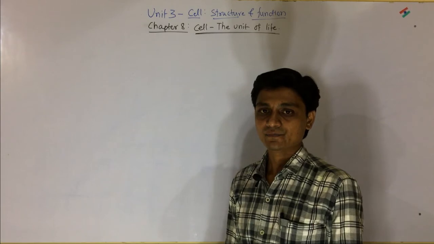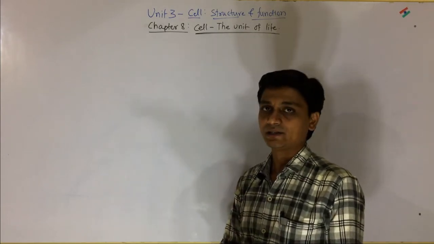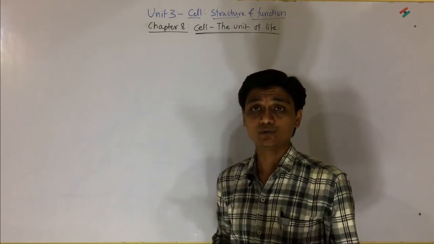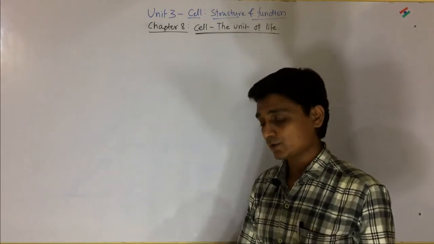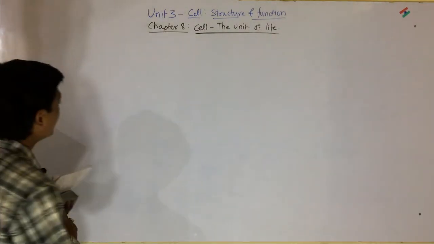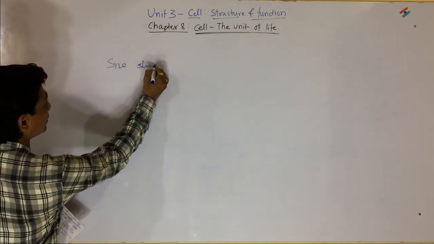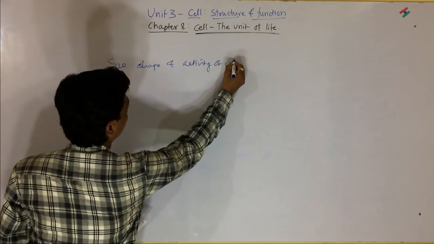In this video we are going to see cell size, shape and its function. In the earlier video we discussed the cell theory, the modern cell theory, and the scientists who were involved in them. In this video we are going to study the size, shape and activity of cells.